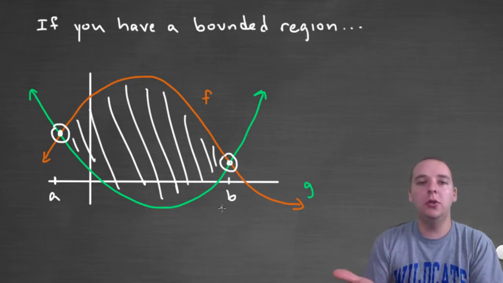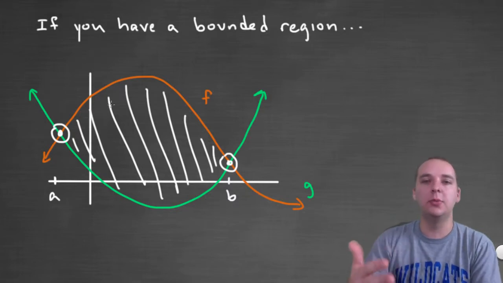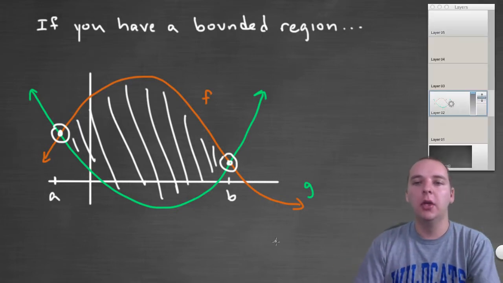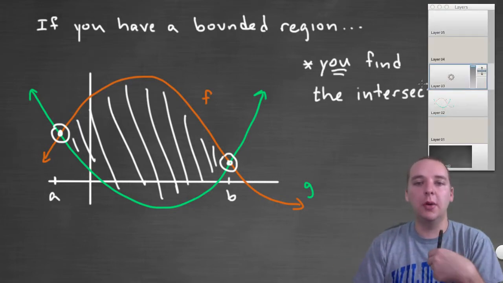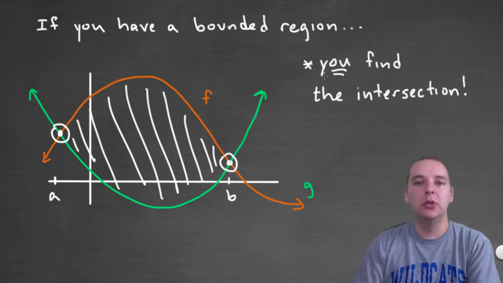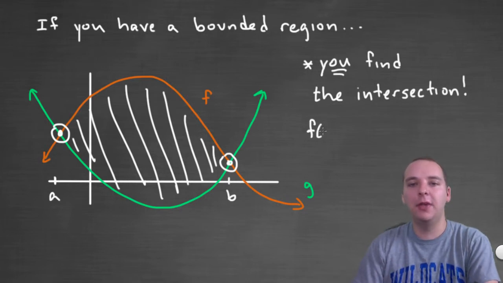So what do you do if they just say there's a bounded region, find the area of the bounded region between this curve and that curve? Well, it's up to us to find the intersection points. Now, how do you do that? You simply set f of x equal to g of x.